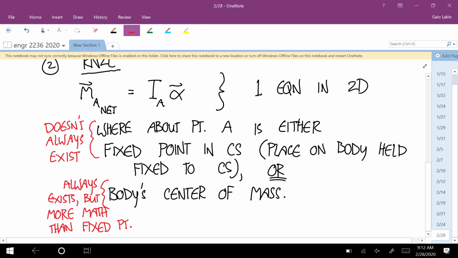We'll see as we go on what the benefits are of having your about point be at a fixed point if it's possible. Otherwise, we just forget about the fixed point and always do it the same way at the center of mass. But you get a nice benefit out of doing it at the fixed point if you can find it.